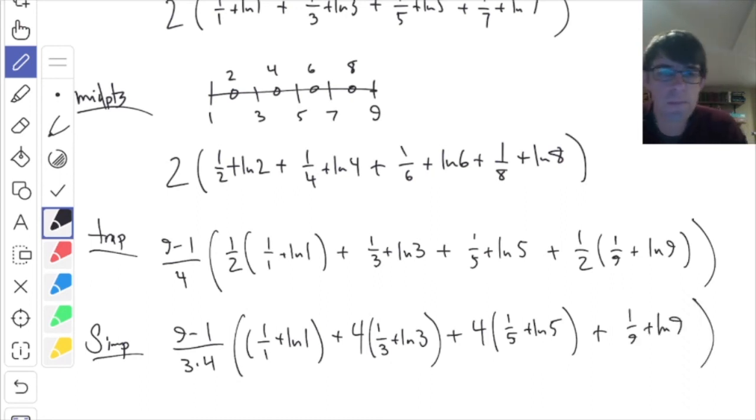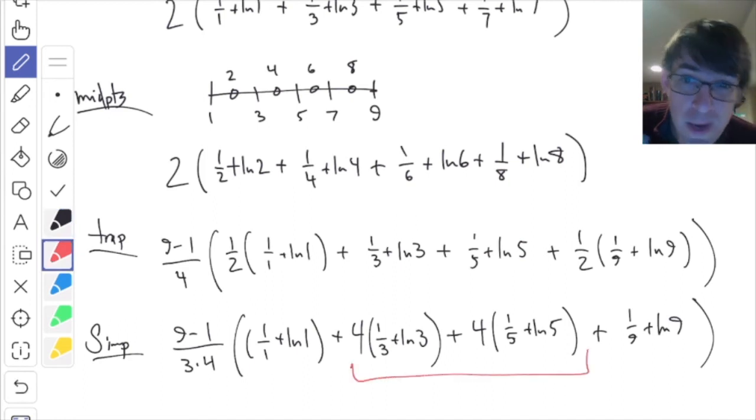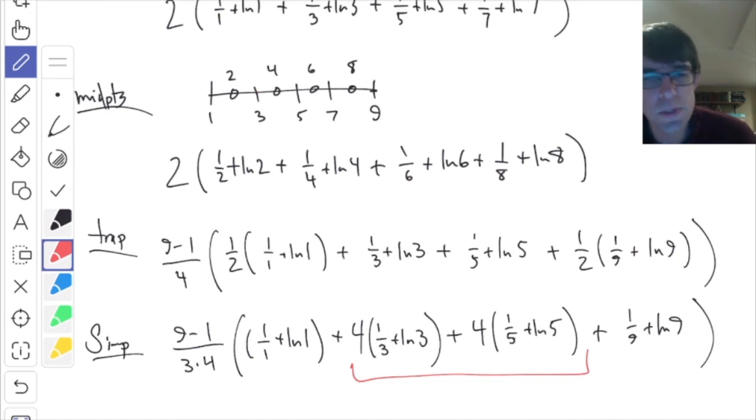Simpson's Rule alternates the coefficients in here, 4s and 2s, beginning with a 4 and also ending with a 4. Because we only used n equals 4, there's no 2s in this example. A little strange. Any questions about any of those?